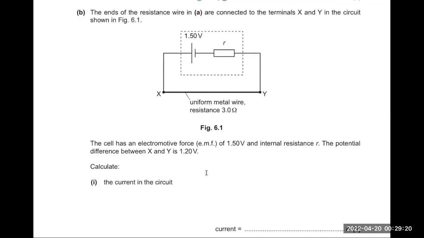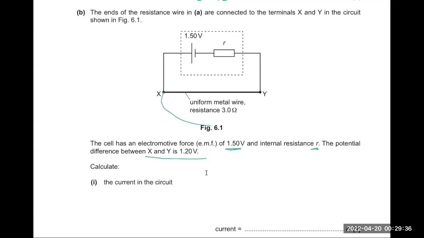Part B says, the ends of the resistance wire in A are connected to the terminals XY in the circuit shown in figure 6.1. The cell has an EMF of 1.5 volts and internal resistance r. The potential difference between X and Y is 1.2.